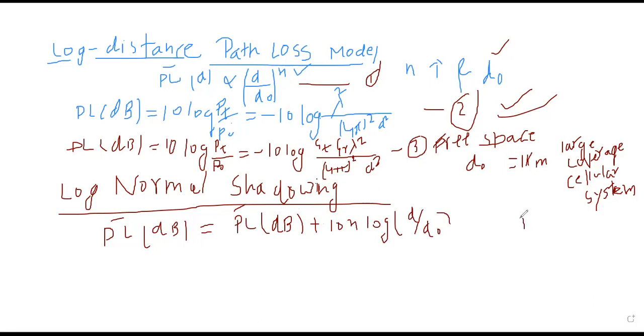We have taken that the path loss at distance d is proportional to the actual distance over the reference distance to the power of n, that is, the path loss exponent.